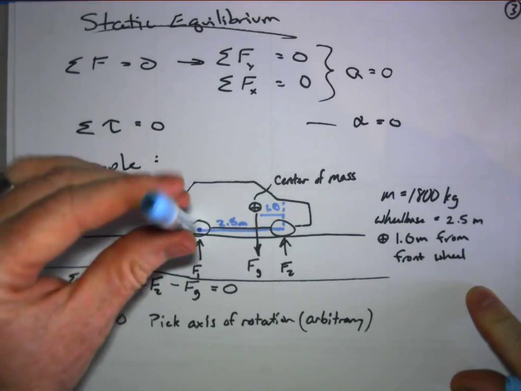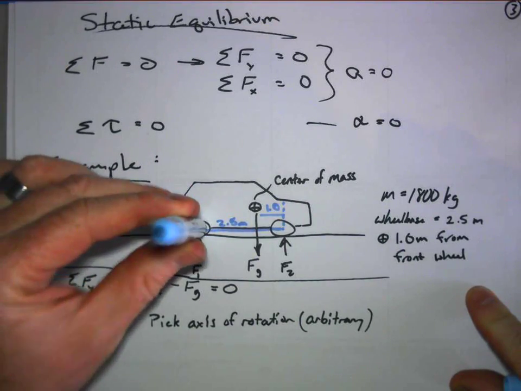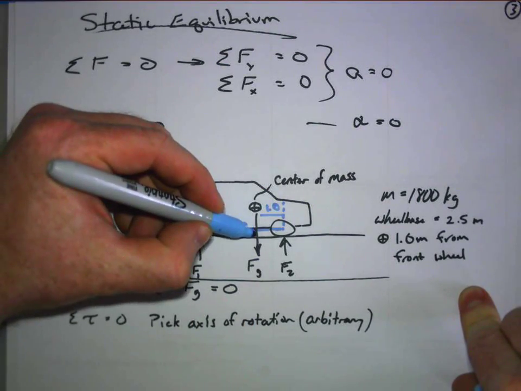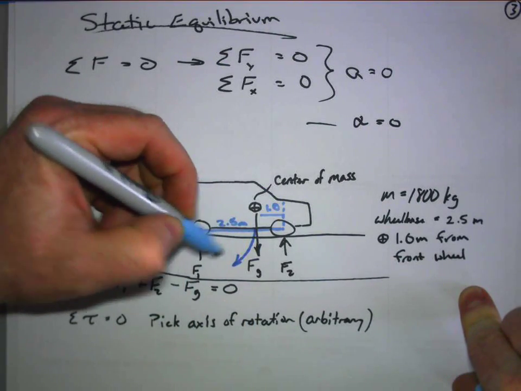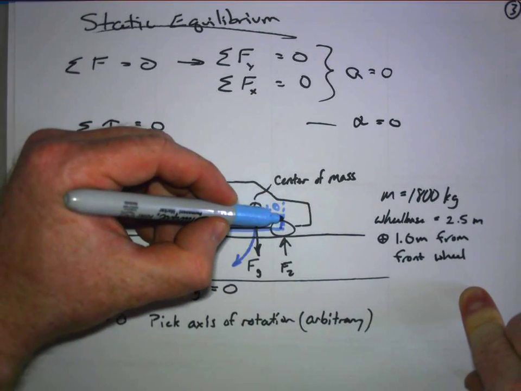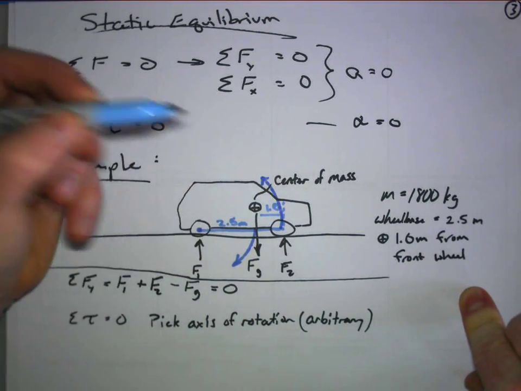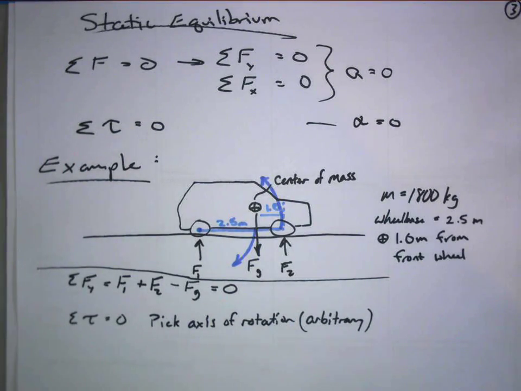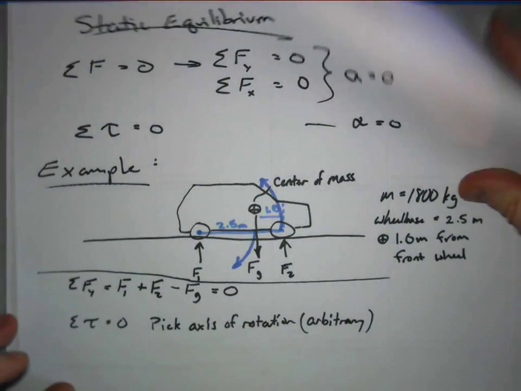And so it's really going to be kind of coming out of the page at you. This weight is going to tend to produce a torque this way. And this F2 will tend to produce a torque this way. And what I know is that those two torques must balance. So they must equal 0. Oh, a little bleed through from the marker, sorry.